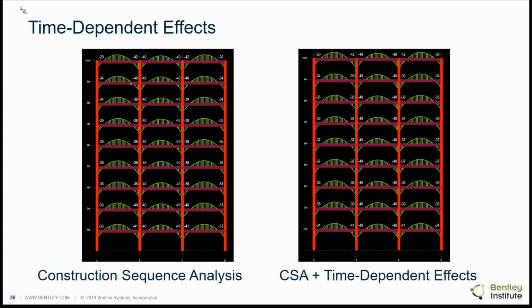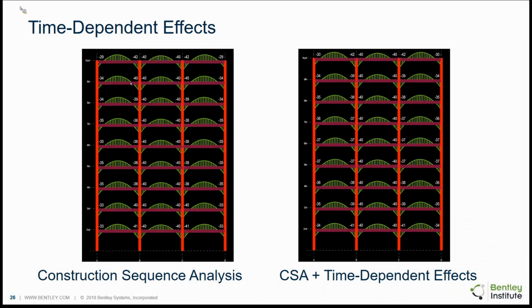Now, one thing that's interesting here is that it's not necessarily at the top where we're seeing the biggest difference. In this case, it's more towards the middle of the structure where we're seeing some slightly different values, not as significant as what we saw between the dead load case alone and the construction sequence case. That had a bigger difference.